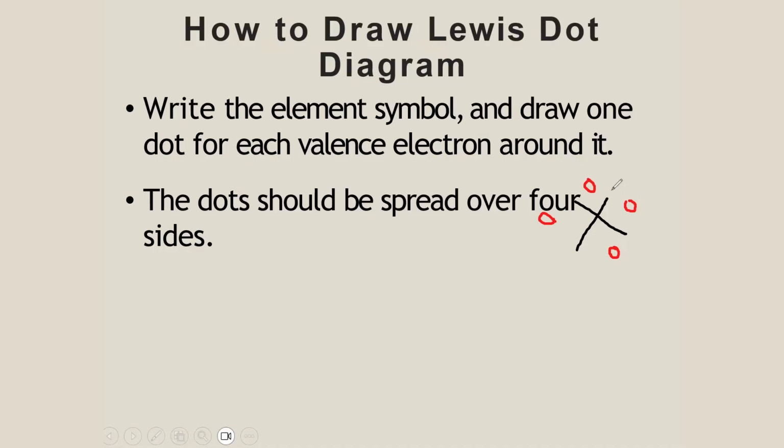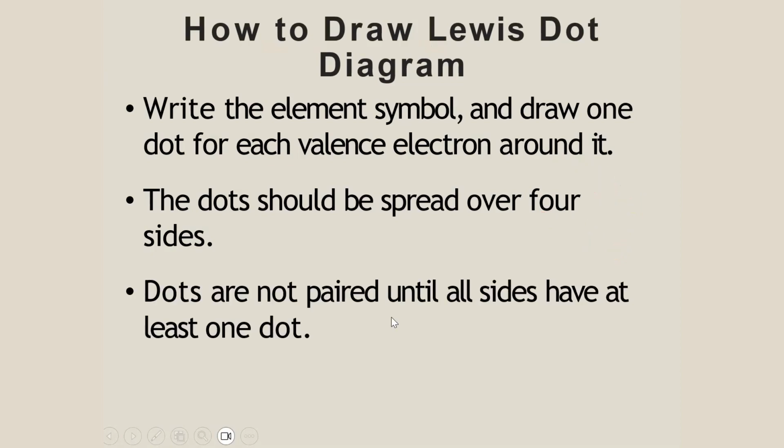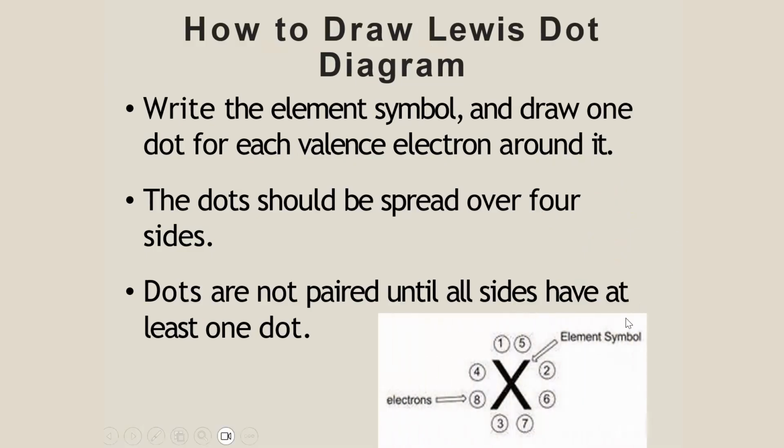And then you can start pairing if you still have more electrons. We have 5 electrons, so we still have an extra one, so we can pair it here. Dots are not paired until all sides have at least one dot. Like this, we start by drawing the first electron, second, third, fourth, and then we will start pairing every electron if we still have more electrons.